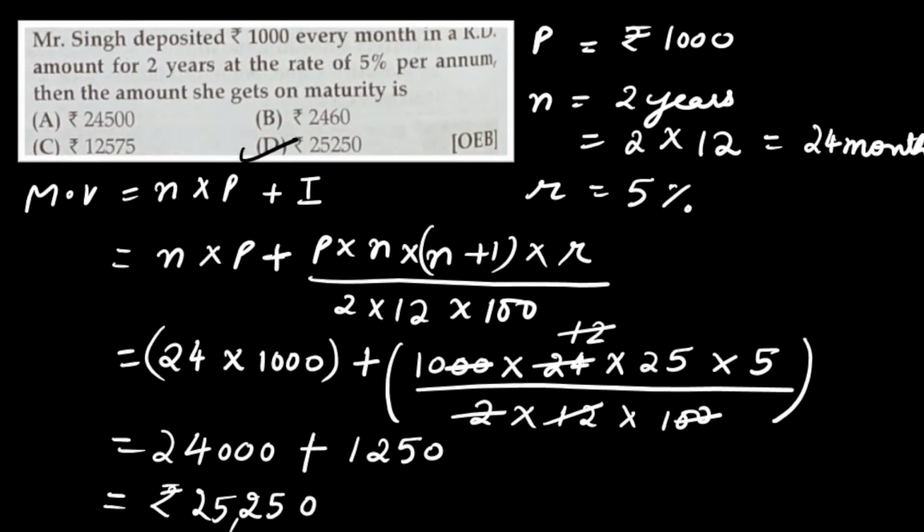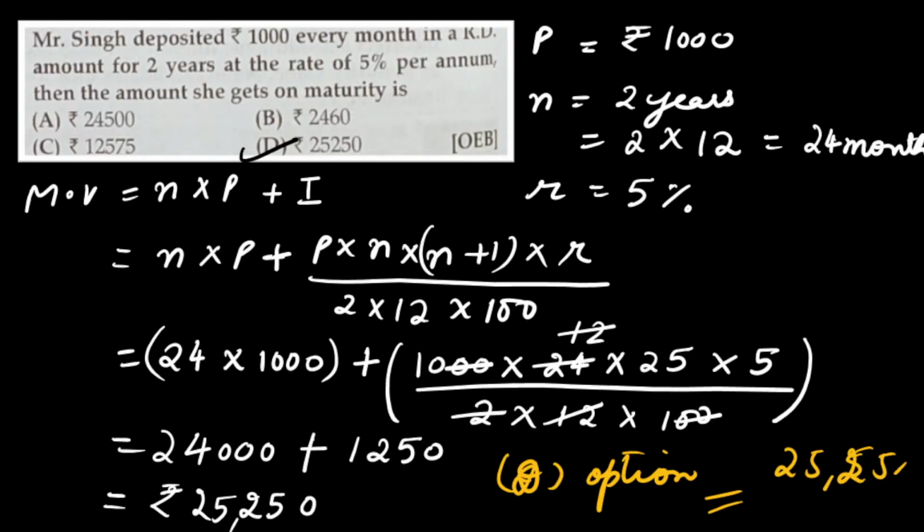So option D. Whenever you are attempting MCQs, it's better to write the answer as well as the option. So C option, D option, sorry. So this one is option D. So in case of MCQ questions, always write the answer as well as the option. So D option, 25,250.